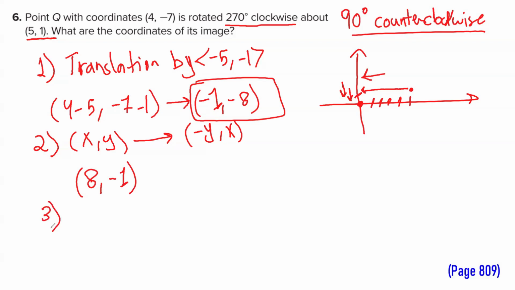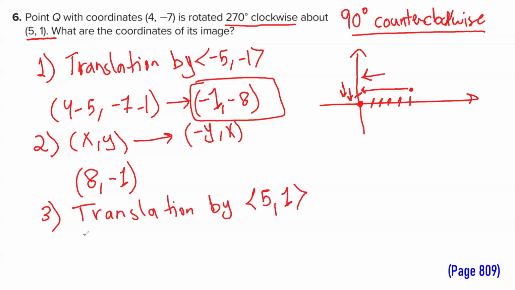Thirdly, we need to undo the translation. We need to cancel the effect of the translation. So what will I do? I'm going to apply another translation, but now by the vector +5 and +1.